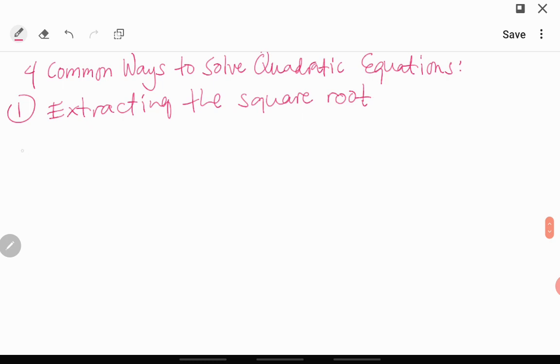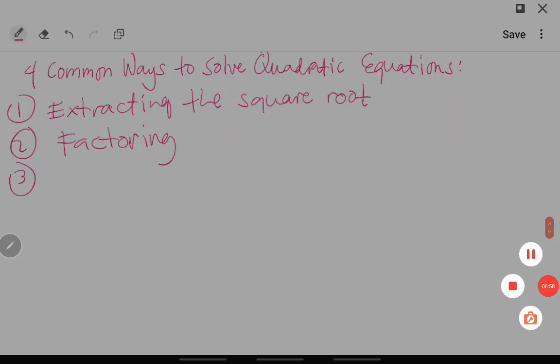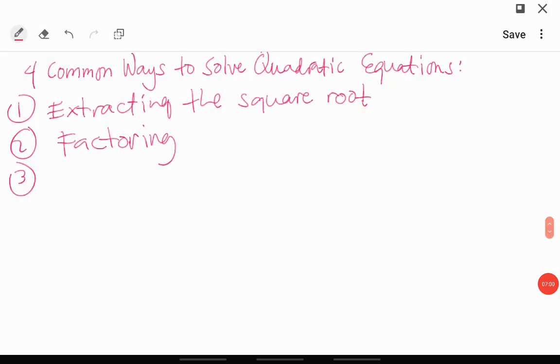Okay, pangalawa ay yung factoring. So, ipa-factor mo yung polynomial. Pangatlo ay yung completing the square. Okay, medyo complicated na ito.